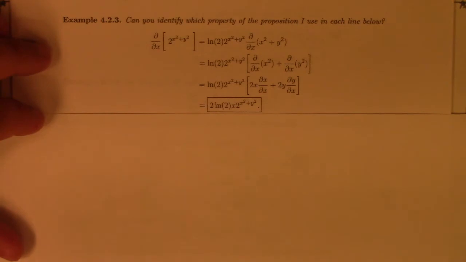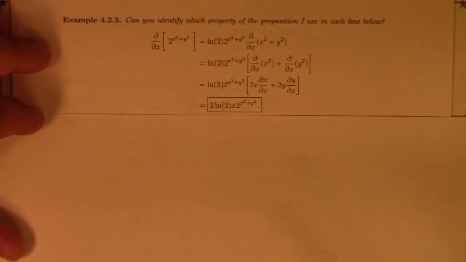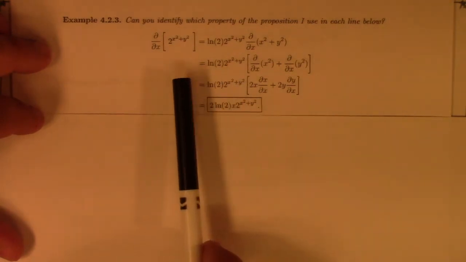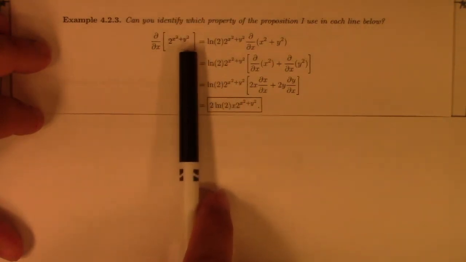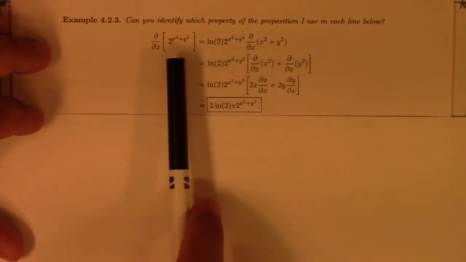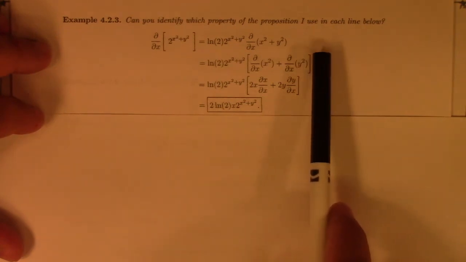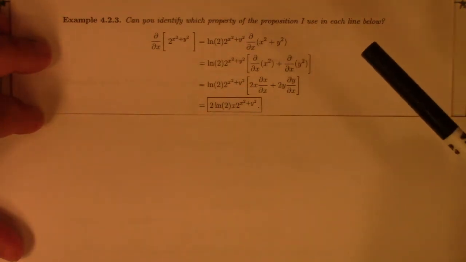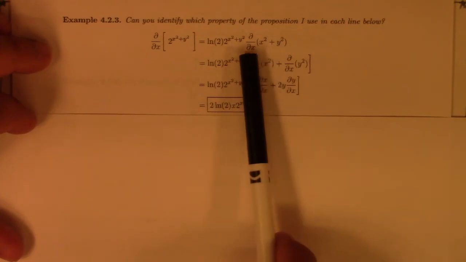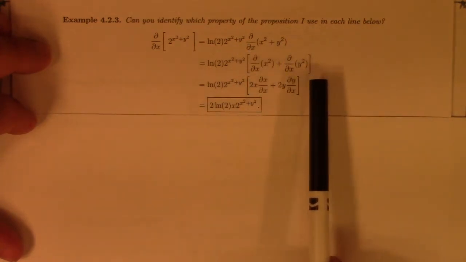Let's see here. So here's the partial derivative of 2 to the x squared plus y squared. The way this works is we do the derivative of the 2 to the something function, which is log 2 times 2 to that something, and then we do the partial derivative of the inside function. So I'm using the chain rule from the proposition I just mentioned. Now the partial derivative of x squared plus y squared is the partial derivative of x squared plus the partial derivative of y squared.